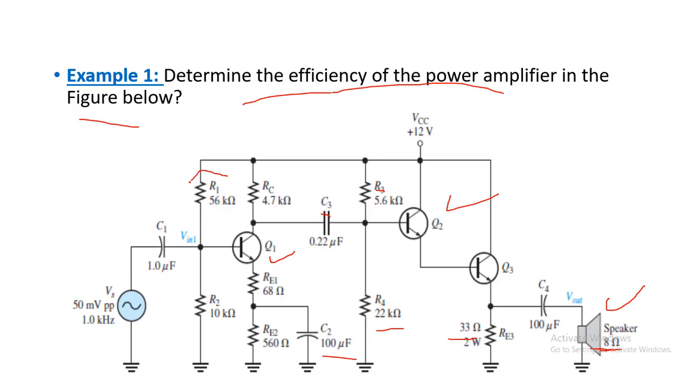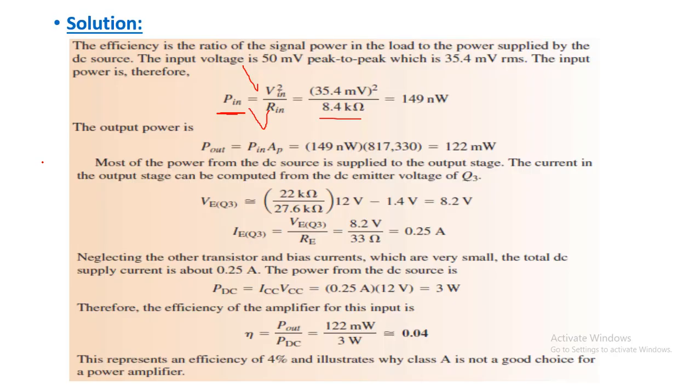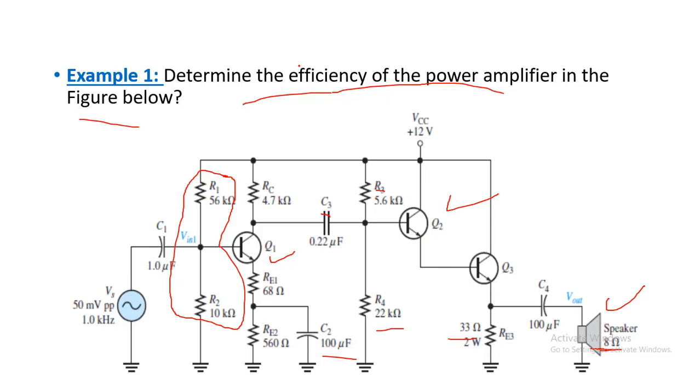You take this into parallel, and after you take this into parallel, the equivalent resistance turns out to be 8.4 kilo ohm. I'll leave it up to you. So the input resistance turned out to be 8.4 kilo ohm, and the input voltage is basically 35.4 milli RMS, because you know that the input voltage peak was 50. That was peak to peak.